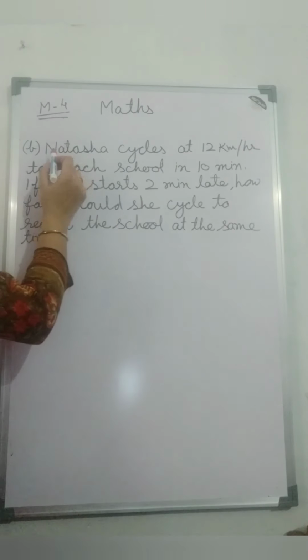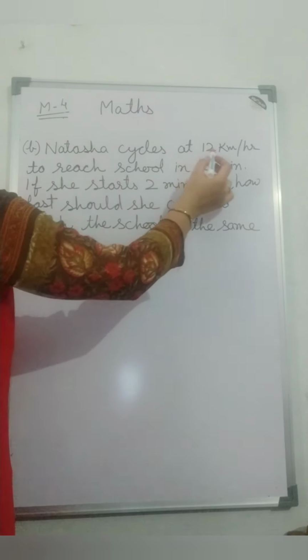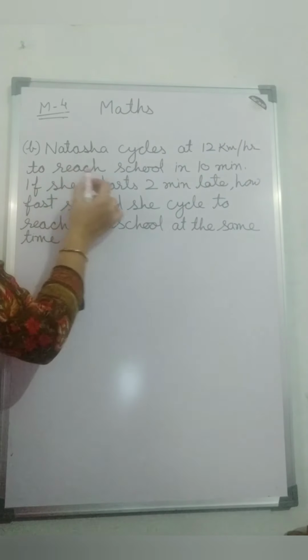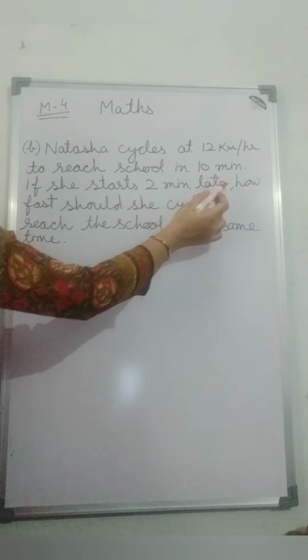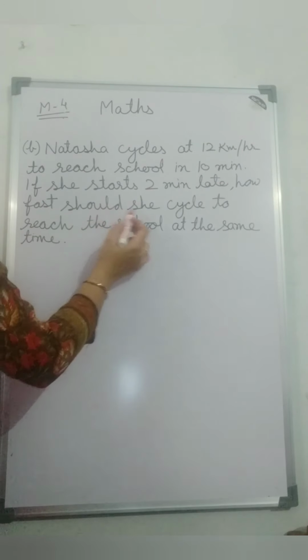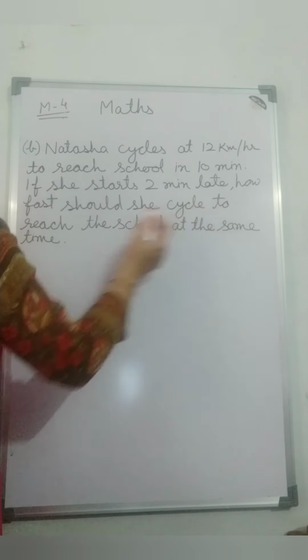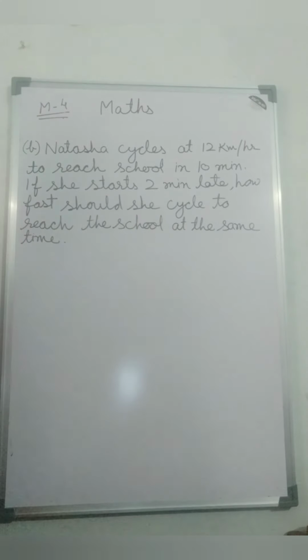Next question is, Natasha cycles at 12 km per hour to reach school in 10 minutes. If she starts 2 minutes late, how fast should she cycle to reach the school at the same time?